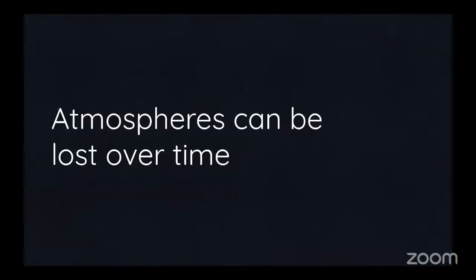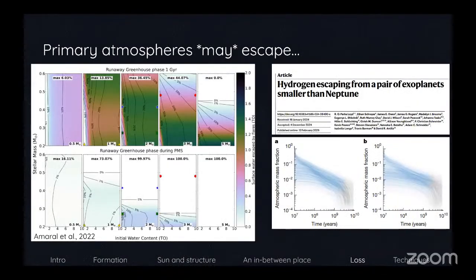Okay, now we'll talk about loss to space. So I mentioned primary and secondary atmospheres in the beginning of the talk and how primary atmospheres may sometimes be lost, but sometimes not. So we have evidence that they may escape from smaller planets if they formed with those types of atmospheres. This is two sort of large, complicated plots.